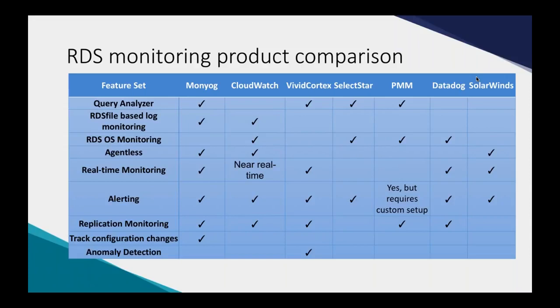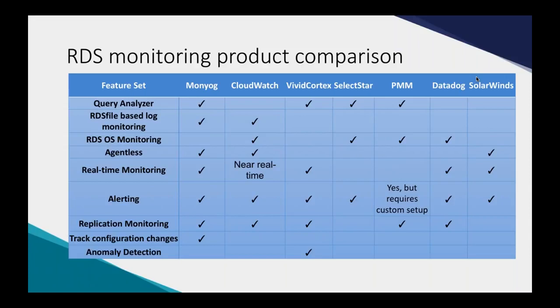A few tools do good query analysis, and you can see it for yourself on the screen. The main thing that I wanted to bring out here is the RDS file-based log monitoring, because that is something which not many people do, and I can show you how it is of huge importance, just moments after I go through the demo instance of Monyog.